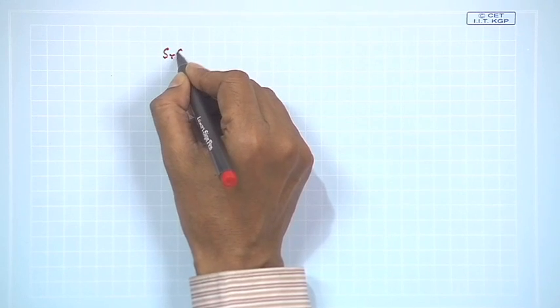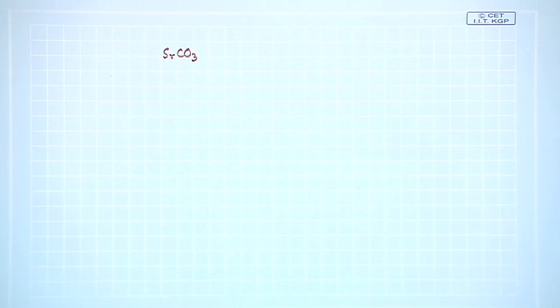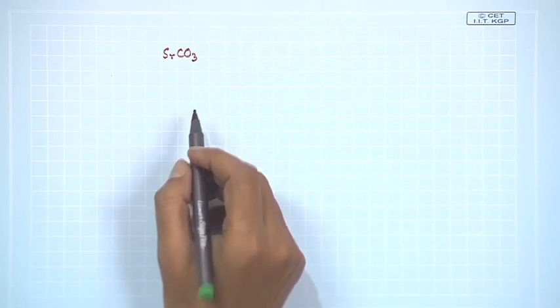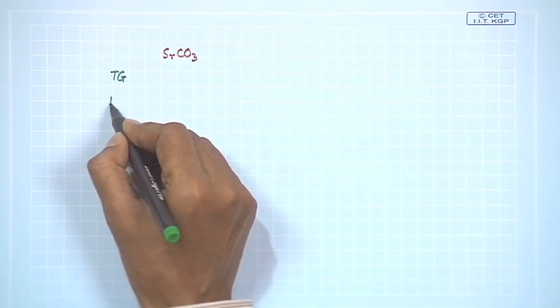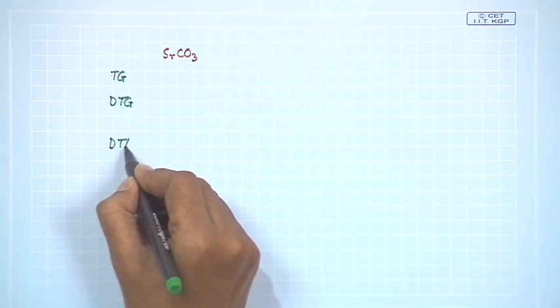And what we see is that if we take another simple carbonate, if your sample is simply strontium carbonate like that of calcium carbonate, and if we heat it, the corresponding TG plot and DTG plot we all have. So, you have the TG plot, you have the DTG plot, and then we just look at the DTA plot.